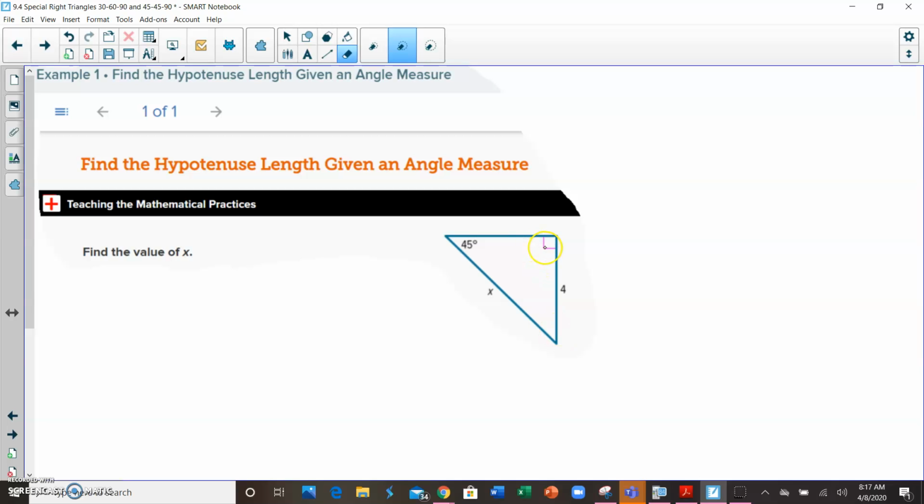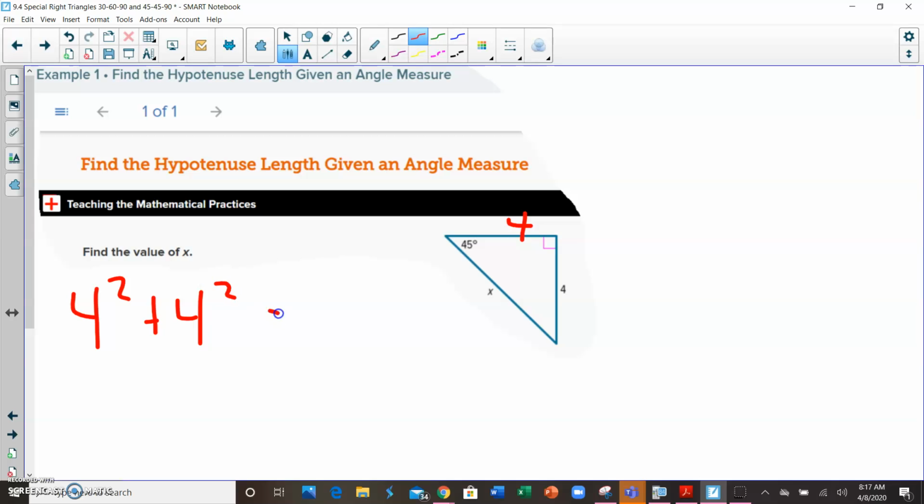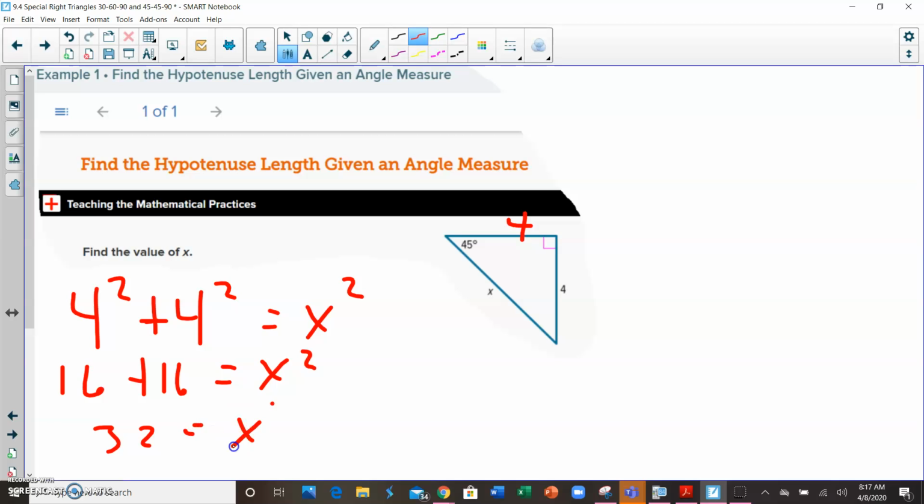Here's your 90-degree angle. These two sides are the same, so if this is 4, then this other side is also 4. So we can say that 4 squared plus 4 squared is equal to x squared. It's 16 plus 16 is equal to x squared, so 32 is equal to x squared.